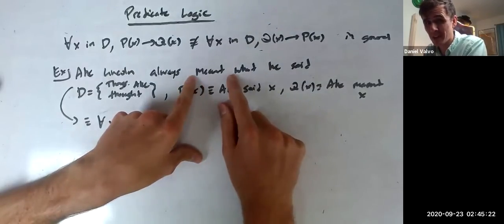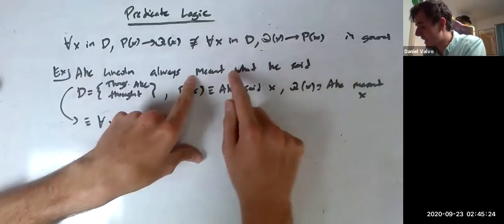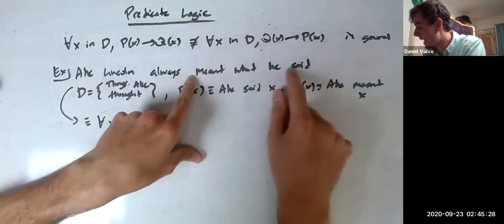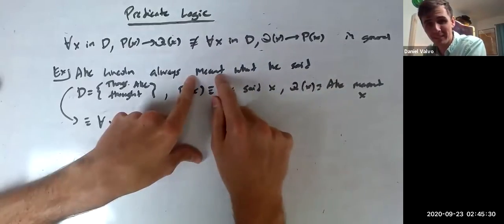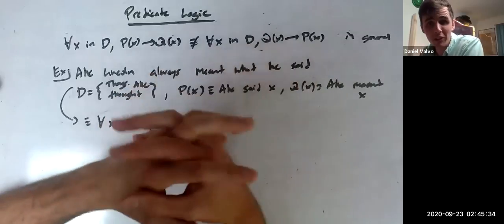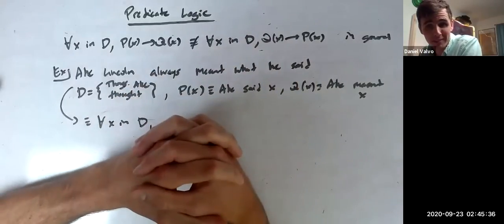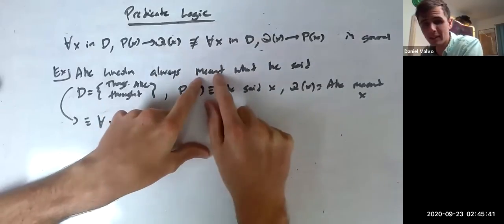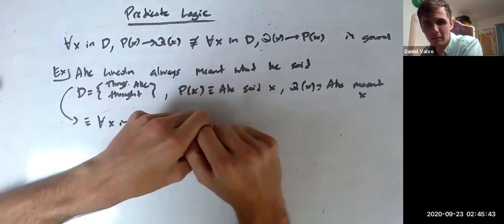This is saying he meant what he said, right? Saying that Abe Lincoln always meant what he said means that if he said it, he meant it. It doesn't mean if he meant it, he said it. Maybe there's a bunch of things out there that he meant, but he just kept his mouth shut. You see what I'm saying? This is only making a statement about things he said. Does that make sense? Yes.